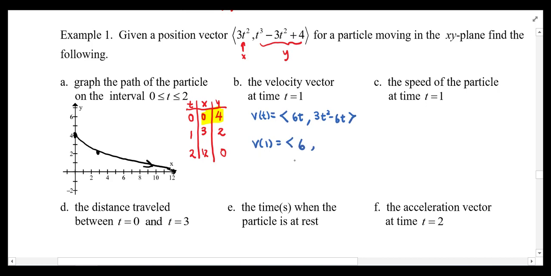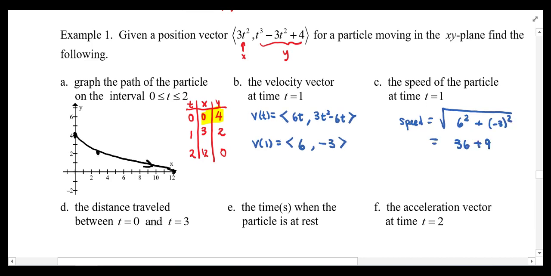And then here, 3 times 1 is 3, minus 6, that's just negative 3. So the components of the velocity at time t equals 1, the x prime component I should say, is 6, and the y prime component is negative 3. How do I find the speed? Well, it's just the square root of the components of the velocity squared.